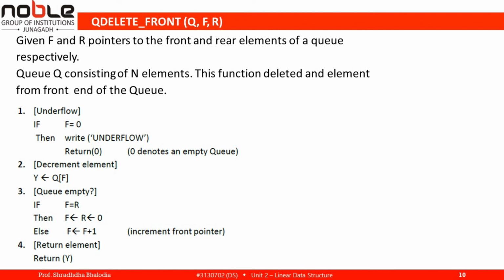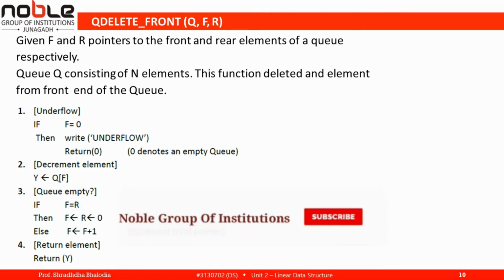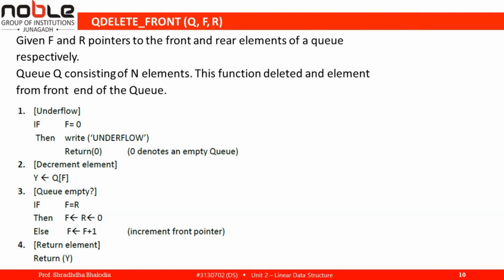Whenever an element is removed from the queue, the value of front is incremented by 1, and if there is only one element in the queue and we delete that element, then we need to set: if front is equal to rear, then front is equal to rear is equal to 0, otherwise the front pointer is incremented. So this is how the process of deletion in a queue takes place.